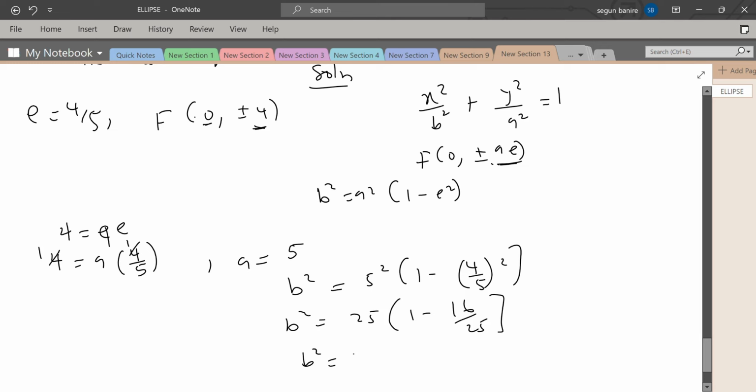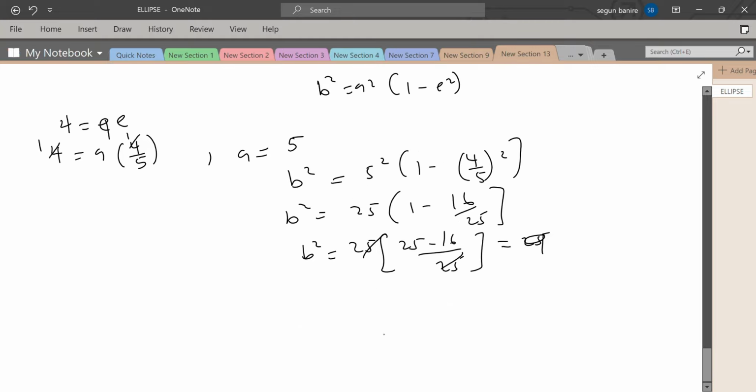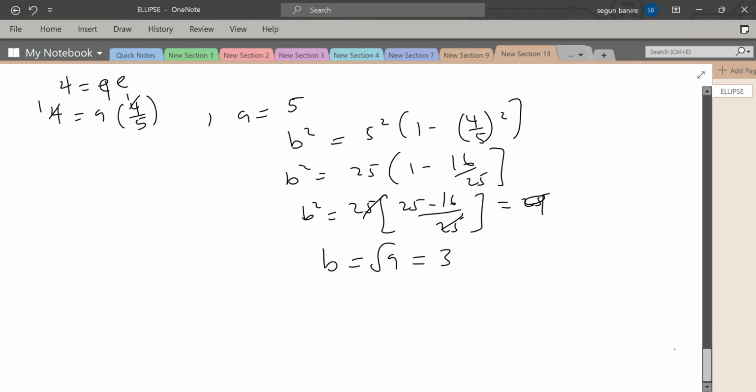So what do you get? You get 25 times 25 minus 16 over 25. 25 can cancel 25. We are left with 25 minus 16, which gives you 9. So what that means is b is equal to the square root of 9, which is 3. Well, we don't really need b, we just need b squared. So at the end of the day, we have x squared over 9 plus y squared over 25 equal to 1.